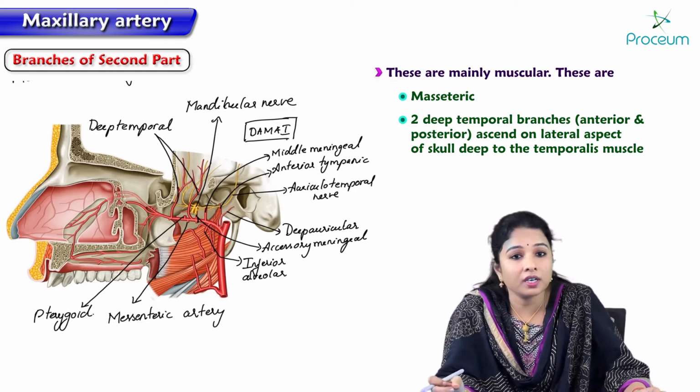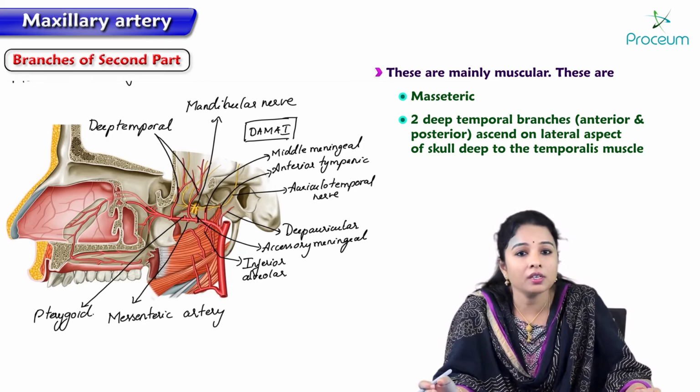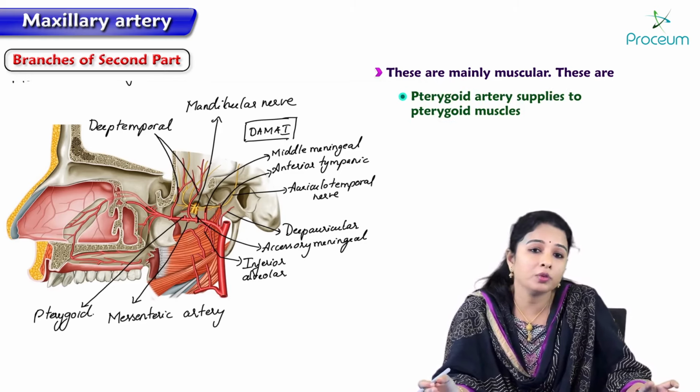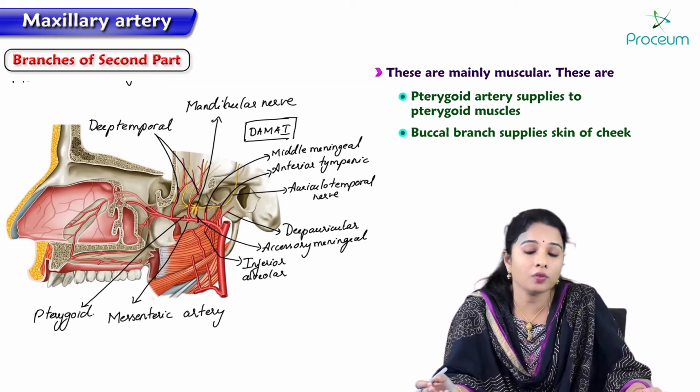So, one masseteric artery, two deep temporal arteries which are anterior and posterior. Deep temporal arteries ascend on the lateral aspect of the skull deep to the temporalis muscle, and the third is the pterygoid artery which supplies the pterygoid muscles, and there is also one more branch called the buccal artery which supplies the skin of the cheek.